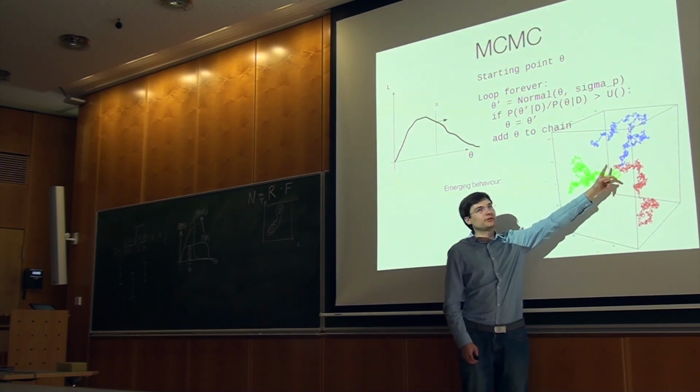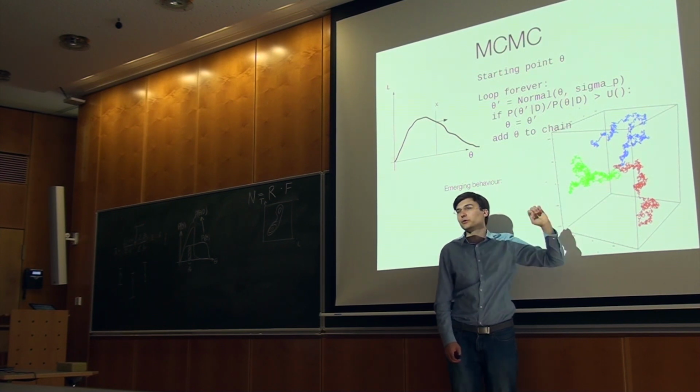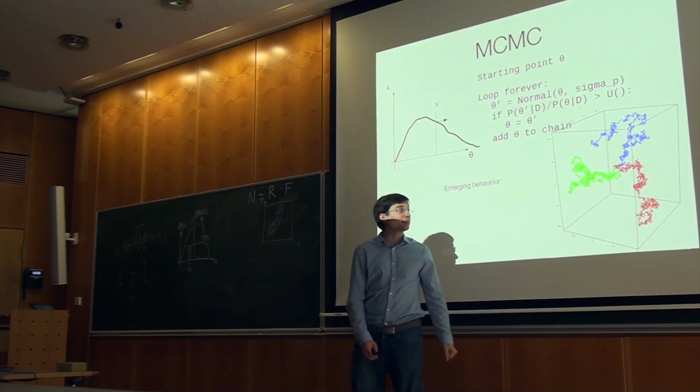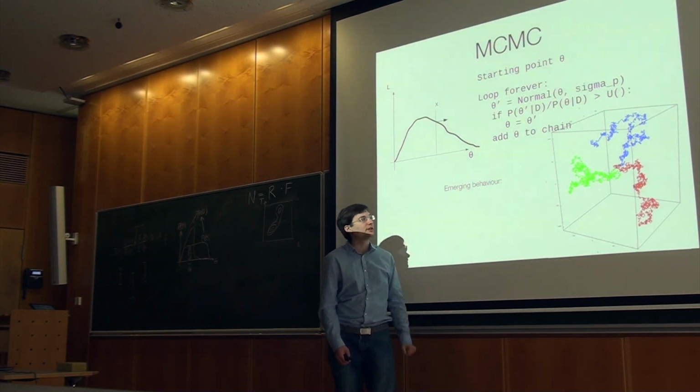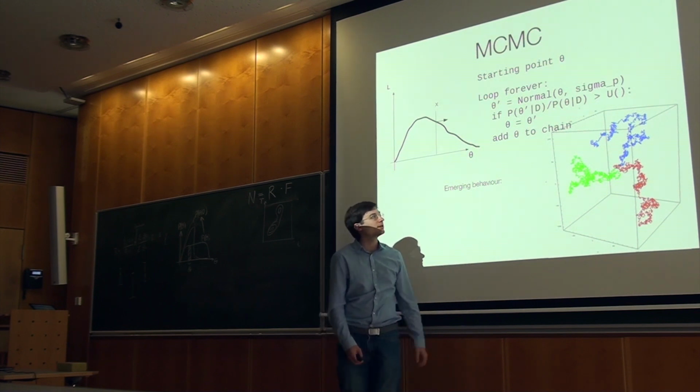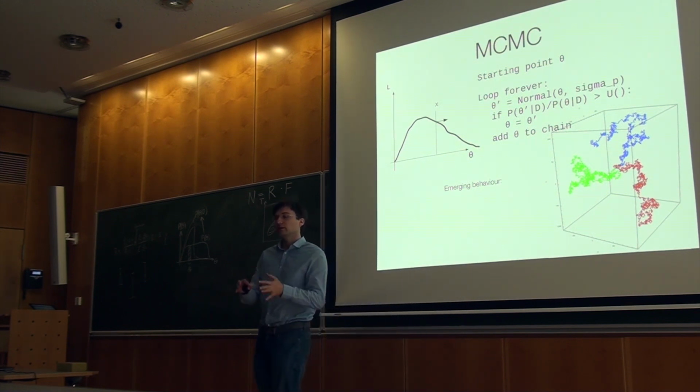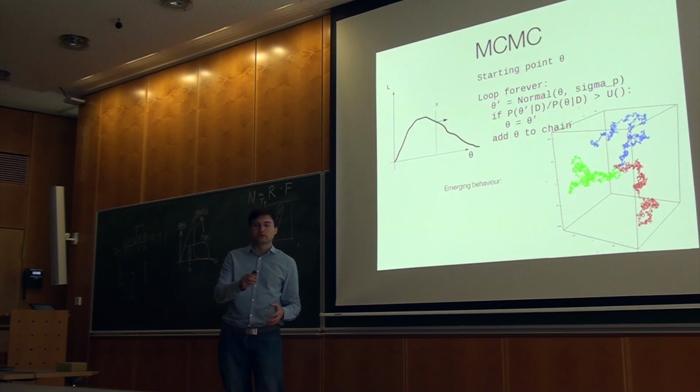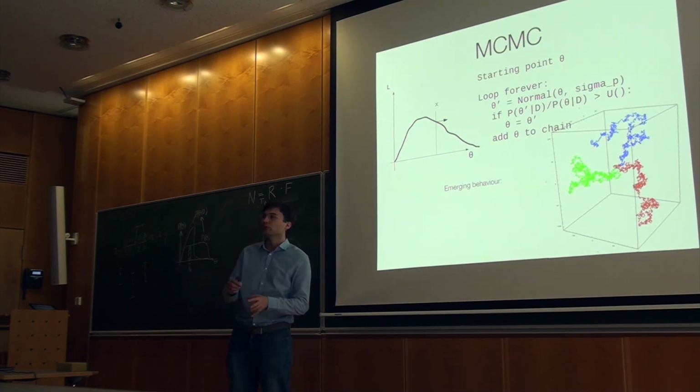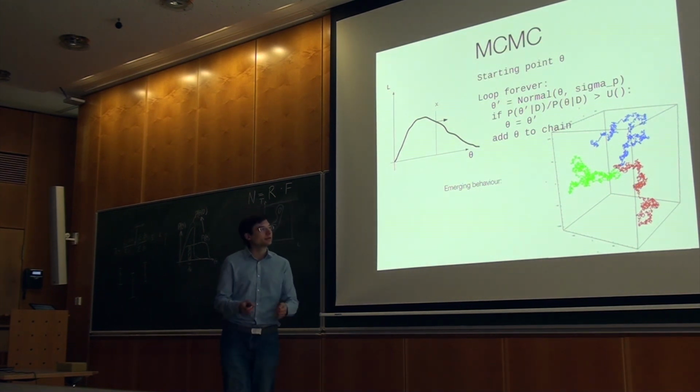So all of these chains start out here, and you see how it diffuses across the space. Here a 3-dimensional parameter space. So if you don't have any constraints, this is what it looks like. But if you do have constraints, then it will target towards that, sometimes diffuse away from it, and come back to it.